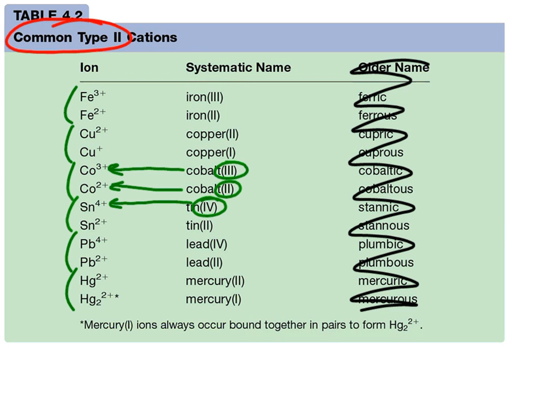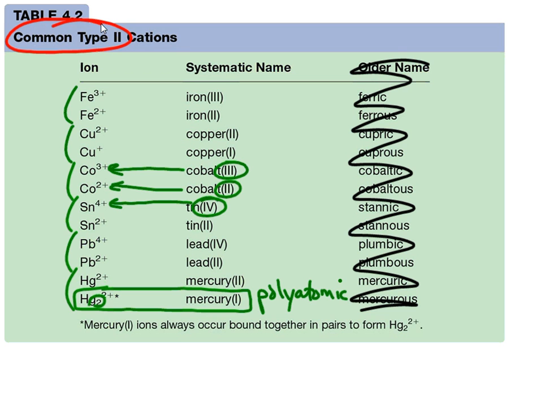Pretty straightforward. The one exception to the rule as far as it being easy is this mercury 1 ion. And you think, well, there's two mercuries there. Why is it called a mercury 1 ion? This is what we call a polyatomic ion.